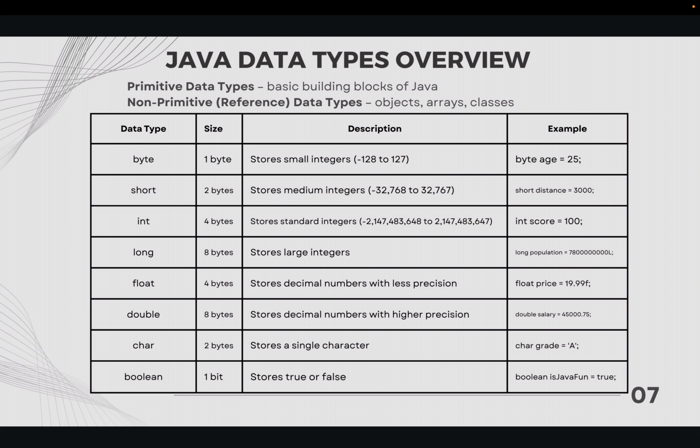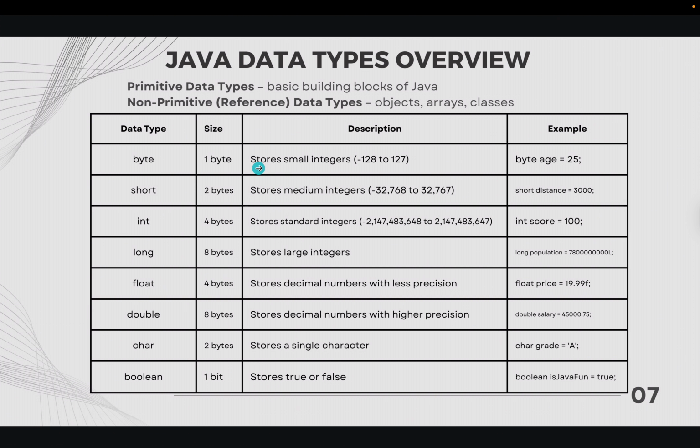Today, as we're only starting our Java path, we're focusing on the primitive data types. We will cover non-primitive data types in further sessions. So there are 8 primitive data types in Java. As you can see, the first column is the data type name, the second column is size, then description and example. Let's go through them really quick one by one.